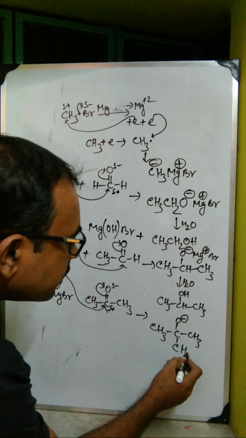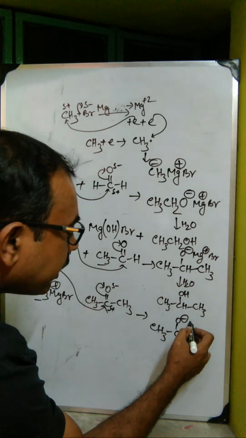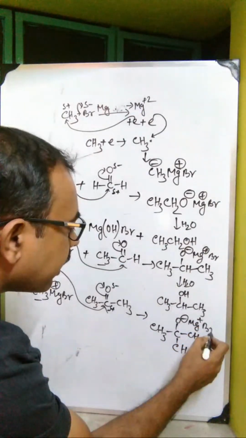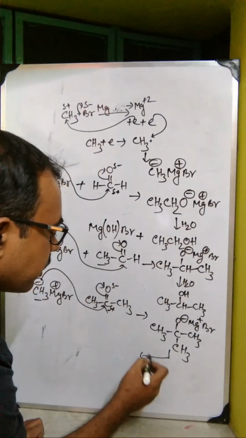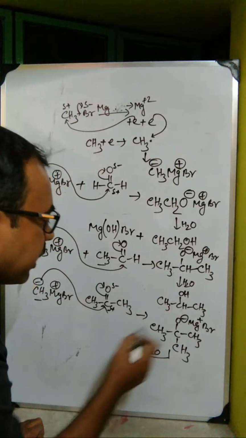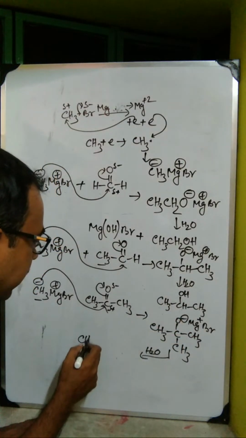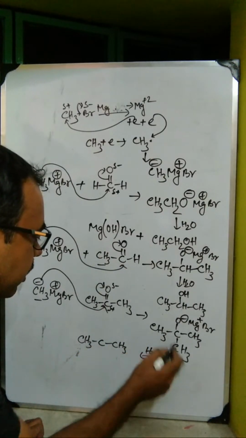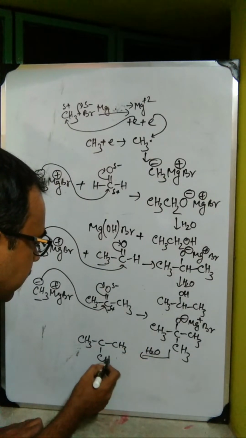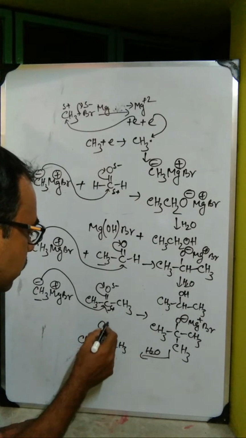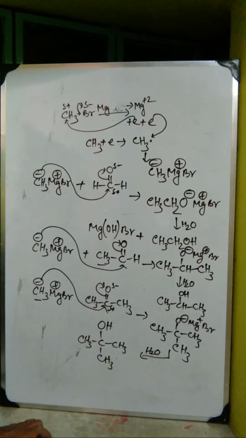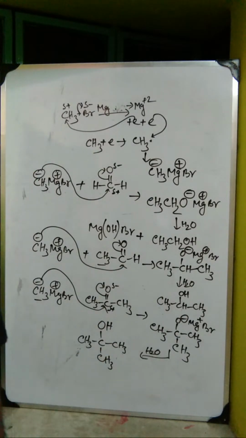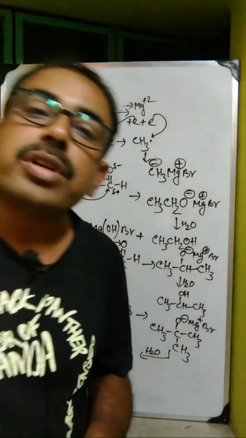The O minus is neutralized by Mg plus Br, and when you treat it with H2O, H plus is added to O minus to form CH3, C, CH3, CH3 and OH. Now this OH-bearing carbon is directly bonded with 3 carbon atoms.